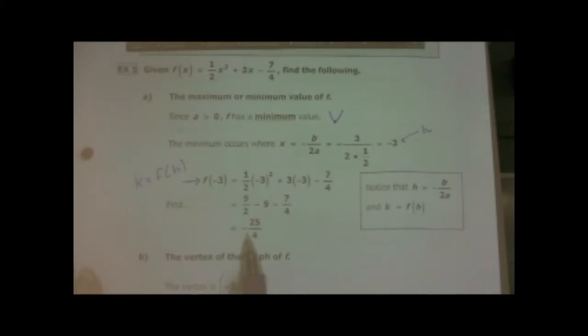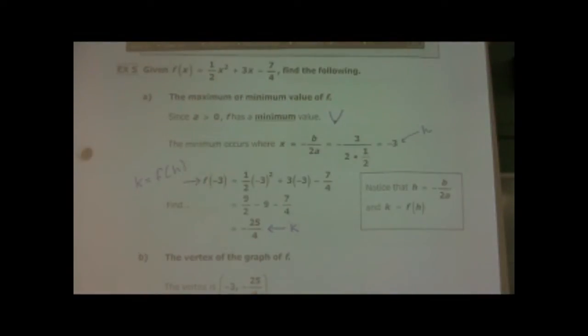I will tell you that this is -25/4. And this is our k value. So, we have a minimum value and it equals -25/4.